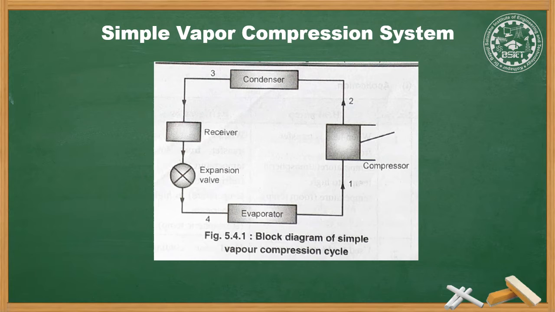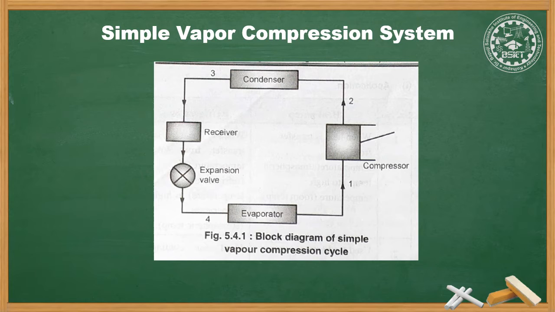During compression, the pressure and temperature increase. The temperature at point 2 should be greater than the temperature of the condenser cooling medium. The vapor at the end of compression is dry saturated or superheated and enters the condenser.